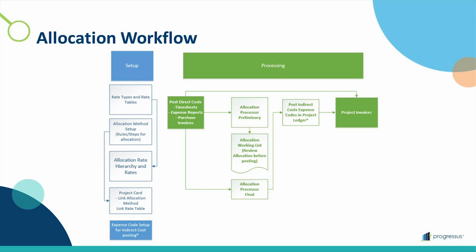We're going to run Allocation Processor, and Allocation Processor will generate the extra records. We can run Allocation Processor in final or preliminary. Preliminary helps us evaluate, and then final posts. Once we post in final, we have indirect costs that we can then include on our sales invoices to our clients.